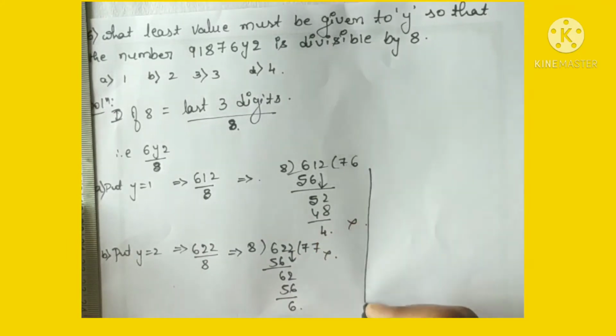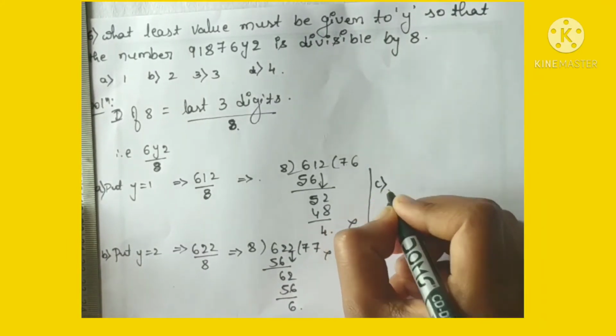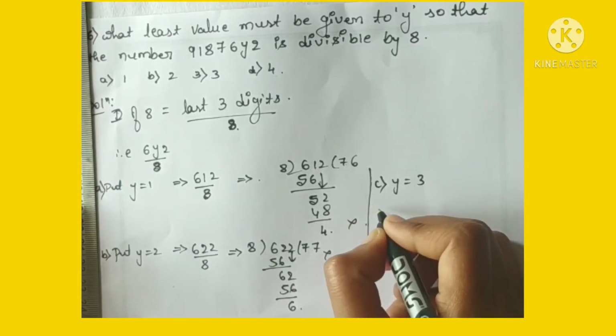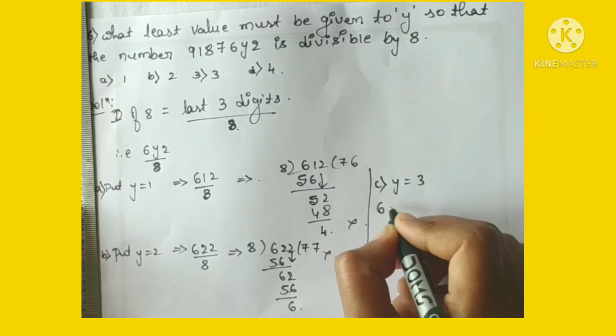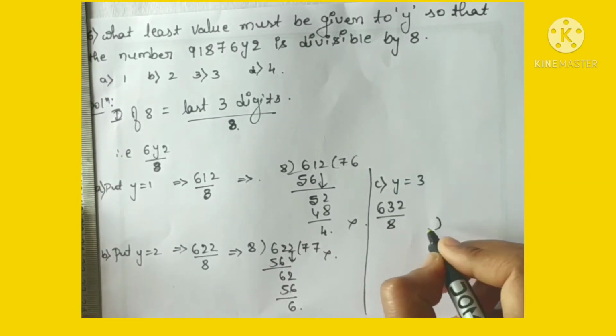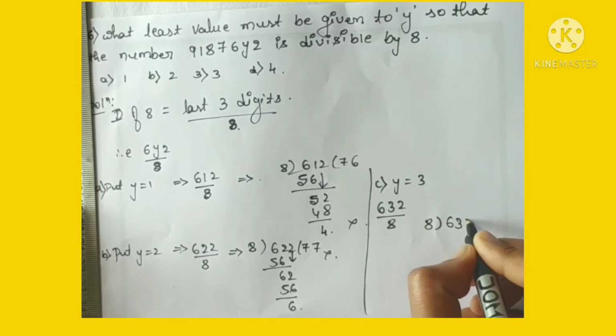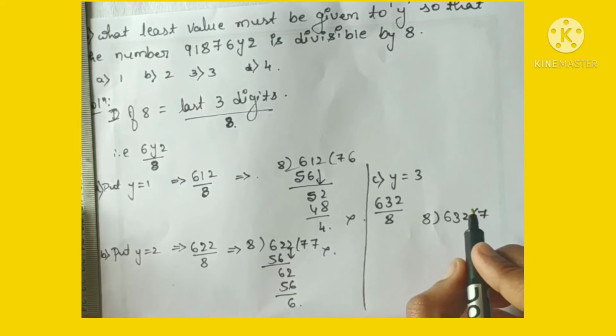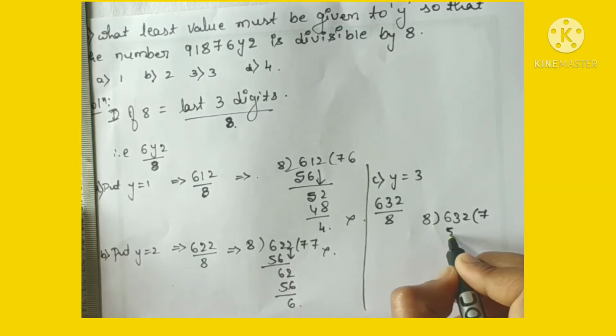Next I will go for option 3. That is y is equal to 3. So 632 divided by 8. I want to check this. Here 8 sevens are 56.